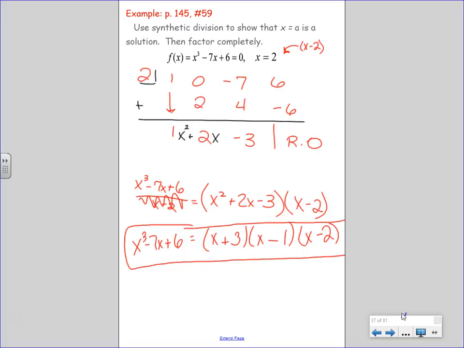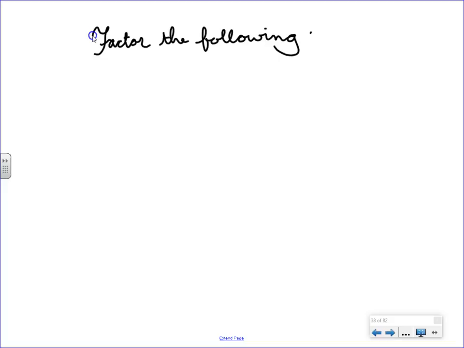However, what if they were going to give you something instead, like the following? Which, once again, it's not gonna be in this homework, but it's coming soon to a math classroom near you. Factor the following. And that's all they give you, along with a function.